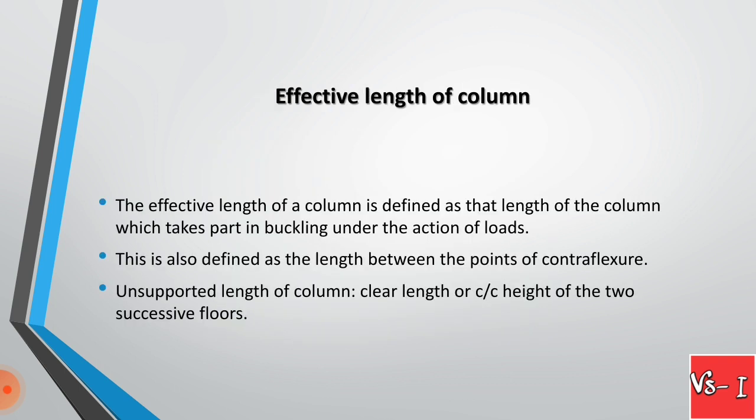Now we are going to see the effective length of column. The effective length of the column is defined as the length of the column which takes part in buckling under the action of load. This is also defined as the length between the points of contraflexure. It is the unsupported length of column, or the clear length or height between two successive floors.